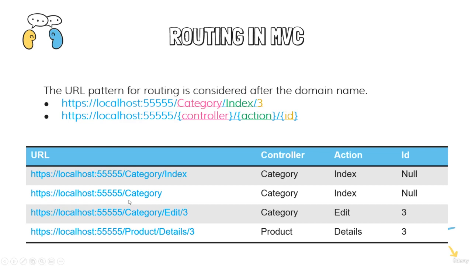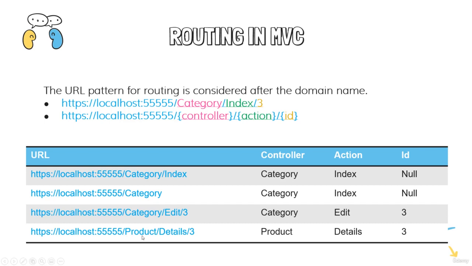For the next one, we have controller name as category, we do not have any action, so index will be the default action, and finally ID is null. Next, for the third one, we have controller as category, action as edit, and ID as 3.